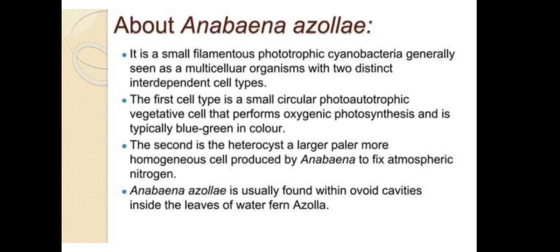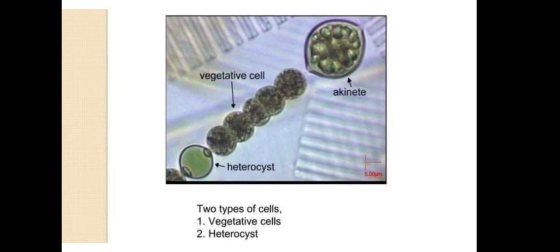The second is the heterocyst, a larger, paler, more homogeneous cell produced by Anabaena to fix atmospheric nitrogen. Anabaena azollae is usually found within ovoid cavities inside the leaves of the water fern Azolla. There are two types of cells, that is, vegetative cells and heterocysts.